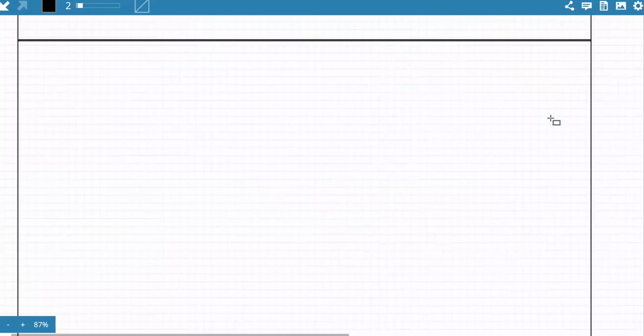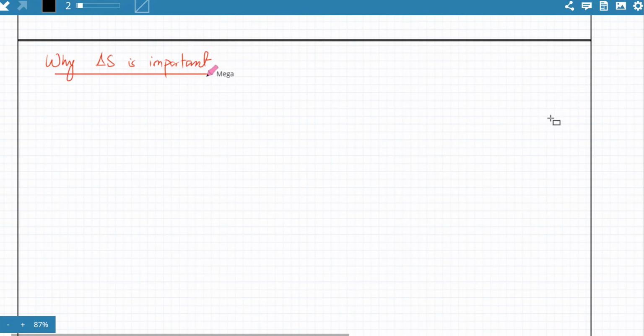Did I discuss why you want to measure delta S? Or why delta S is important? Anyone, did we discuss this yesterday? No. Okay, so we did not discuss this. So why are we trying to figure out whether disorder is increasing or decreasing?